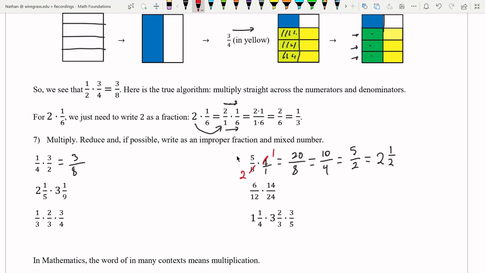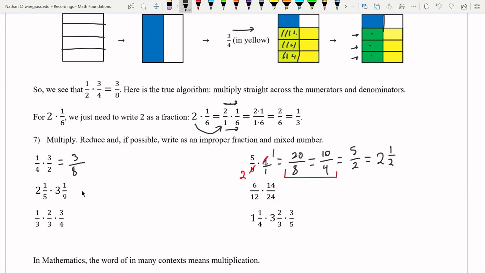And you can see here, now if I go straight across, 5 times 1 is 5. 2 times 1 is 2. So I've done this preliminary step before doing the multiplication, and that took care of these 2 steps right off the bat, and it got me directly to this spot. If you can cross-cancel, do so. It's going to make the numbers smaller and easier to work with.